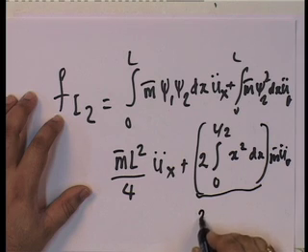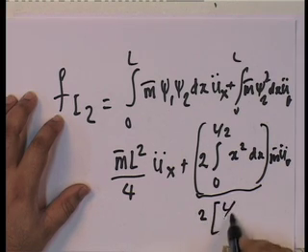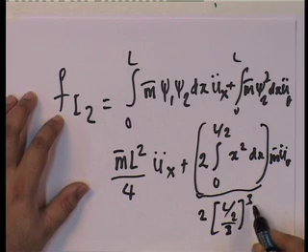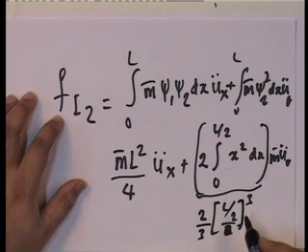This is equal to 2 times into L by 2 cubed upon x cubed by 3. So, this becomes 2 by 3 cubed L by 2.